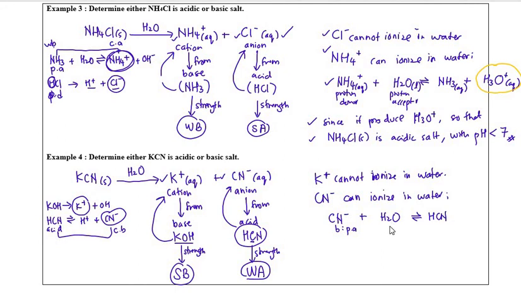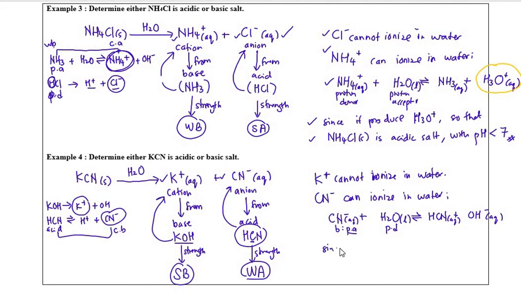How about H2O? It will behave as an acid. If this is the proton acceptor, this will be the proton donor, becoming OH minus. Actually, this H comes from H2O. H2O loses one H, gives it to CN, and becomes HCN actually. Okay, so all the ions, all the species are aqueous except your H2O, phase liquid.